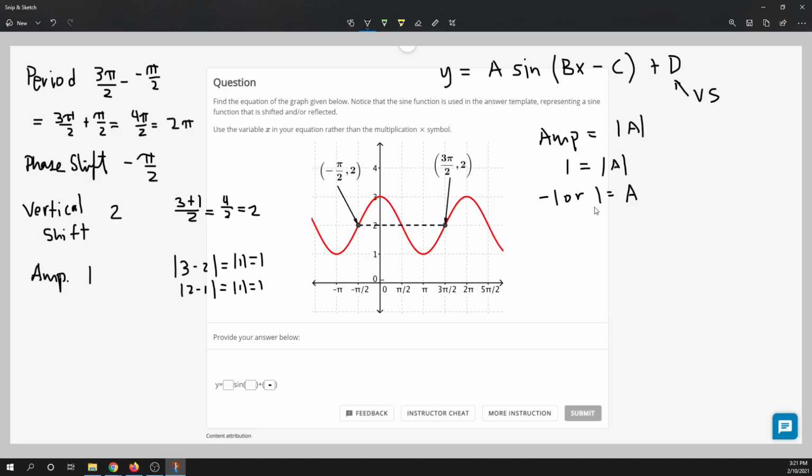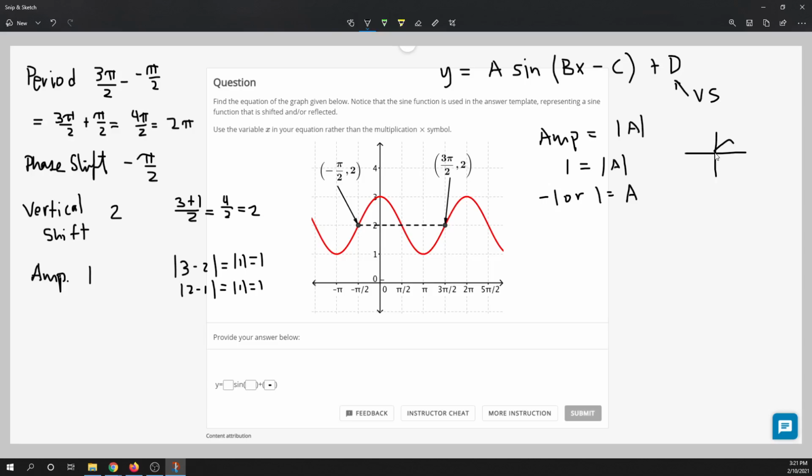Right? So what you want to do is the key, and they remind you, they say, hey, notice that the sine function is being used, right? And go back to this first point, the point on the left that they give you. You can see that they give you a midline point, right? And remember the sine, the basic sine, what does it do? The basic sine starts at the midline and goes up like this if the amplitude is positive.